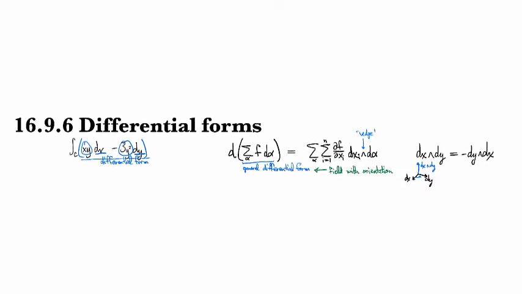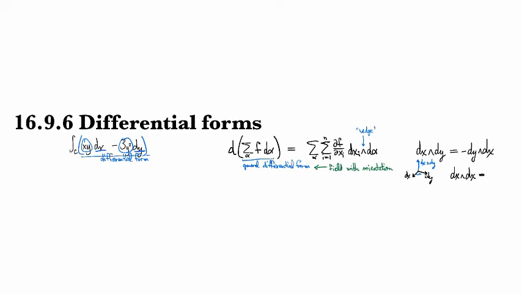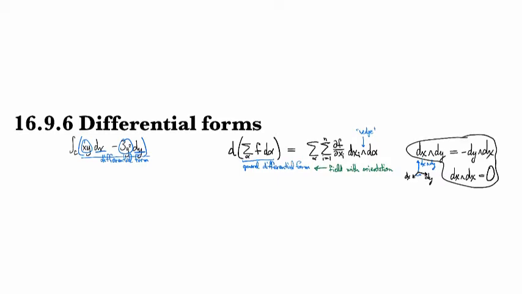And then the upshot of this is that if you have dx wedge dx, now I can flip the order of them and get minus dx wedge dx. So it's equal to its own negative, and the only thing that that's true for is 0. Okay, so these two little rules, that you can flip the sign and that the double with the same variable is 0, those will be useful.